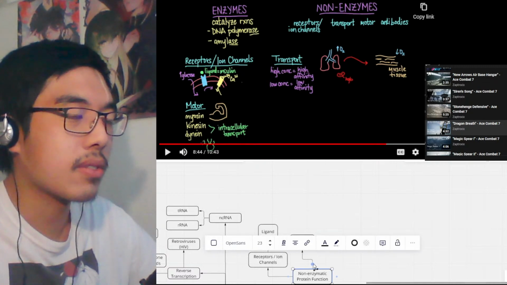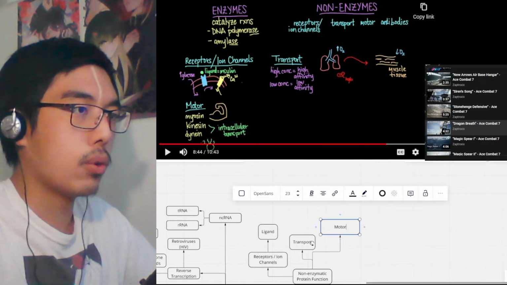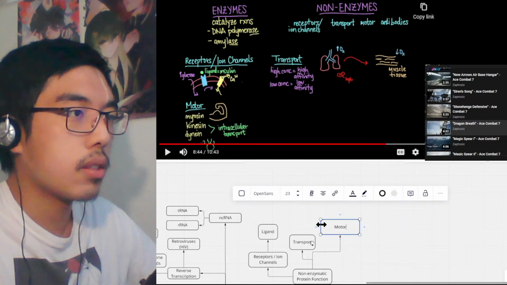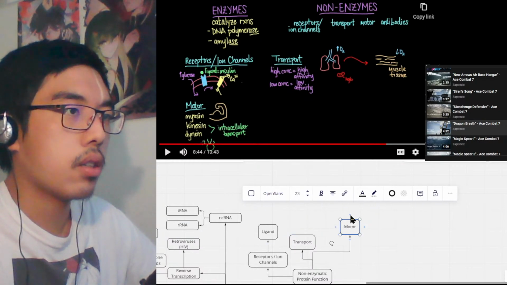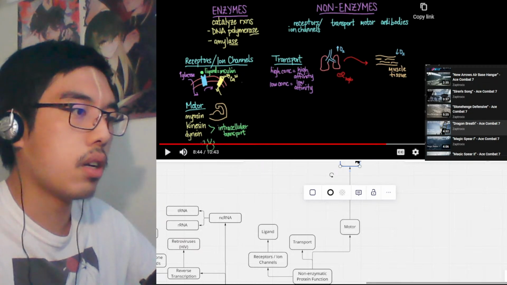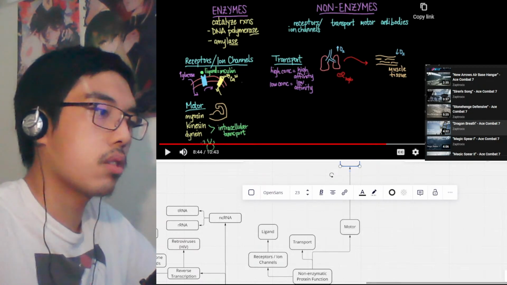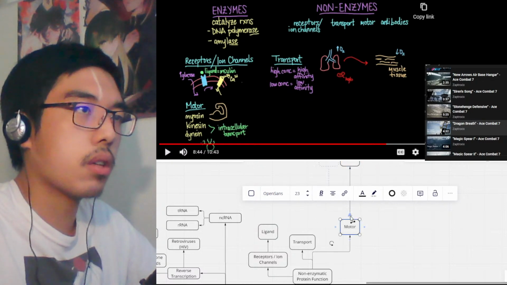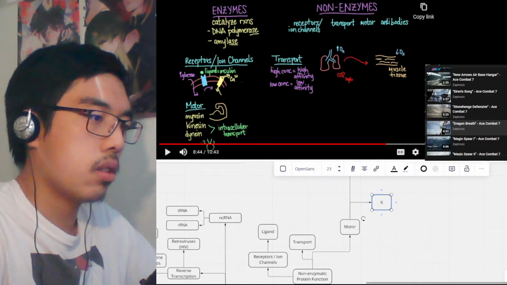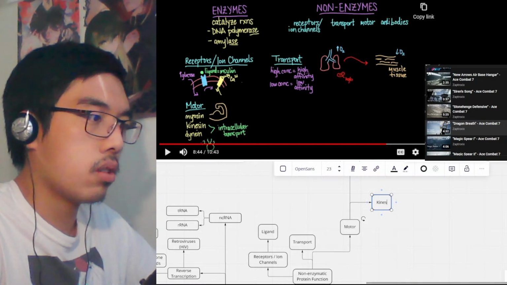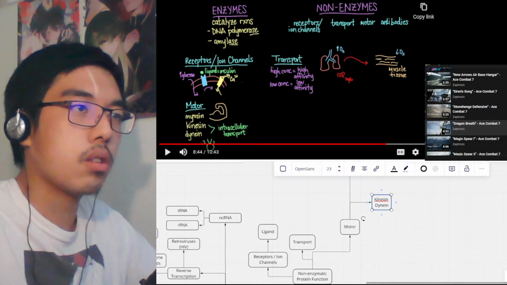Oh boy. Motor proteins, including myosin, kinesin, and dynein. I think I can go ahead and include kinesin and dynein in their own little bubble.